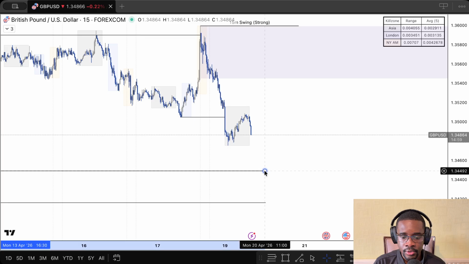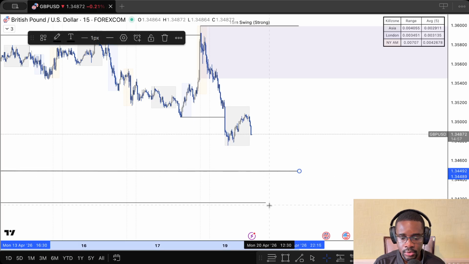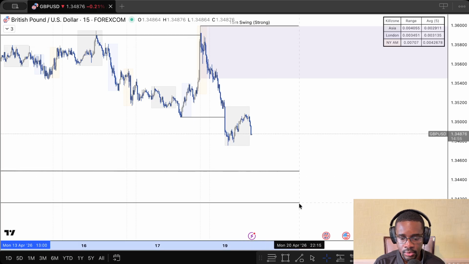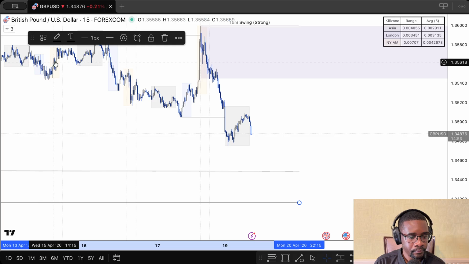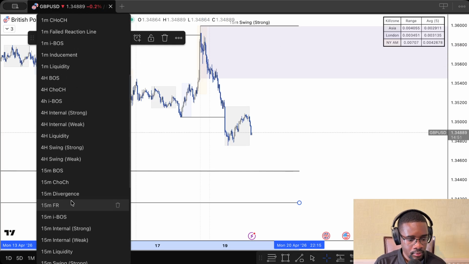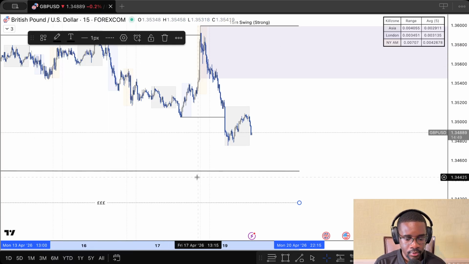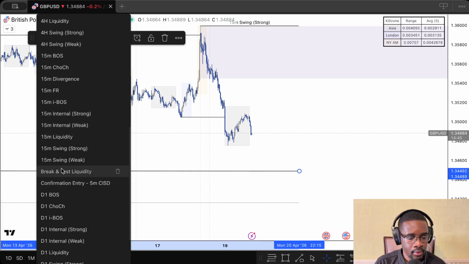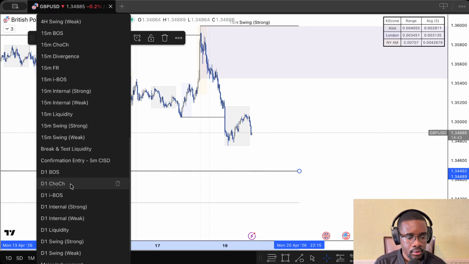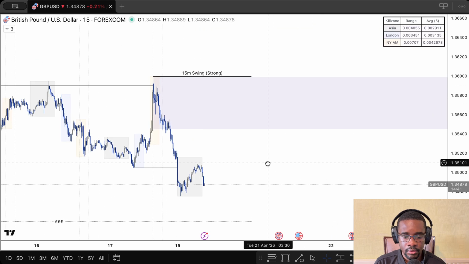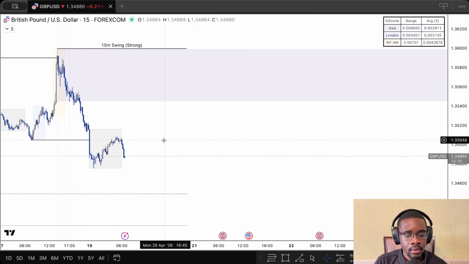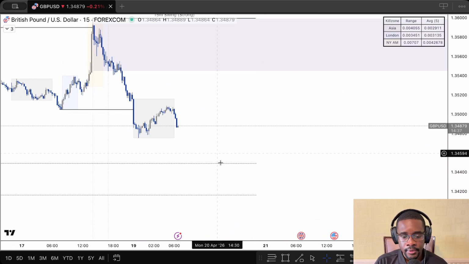So these are areas we can target. So that's 15 liquidity. Okay. Right. So these are areas that we could target.